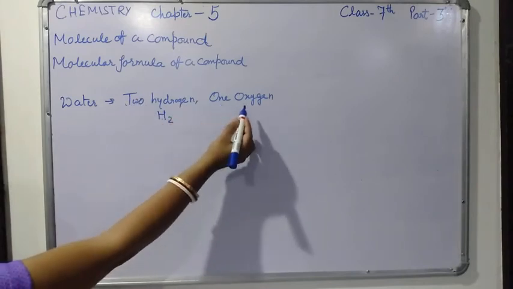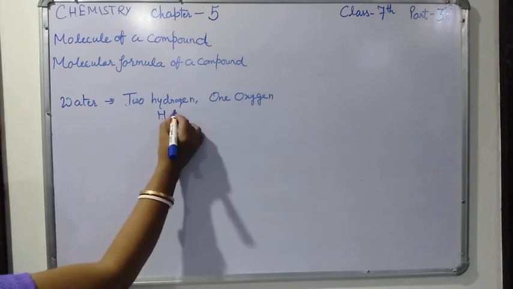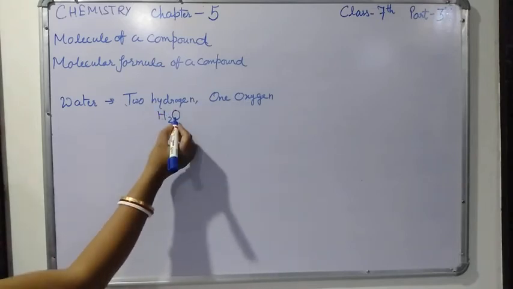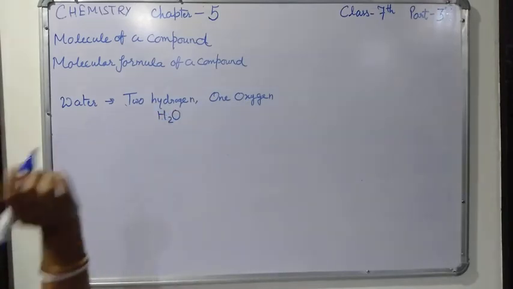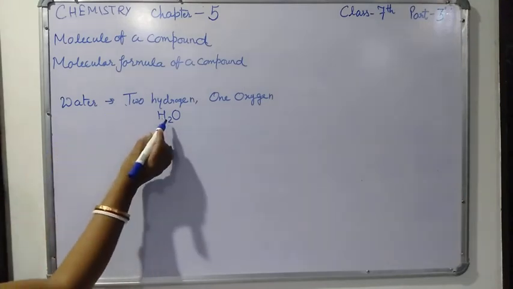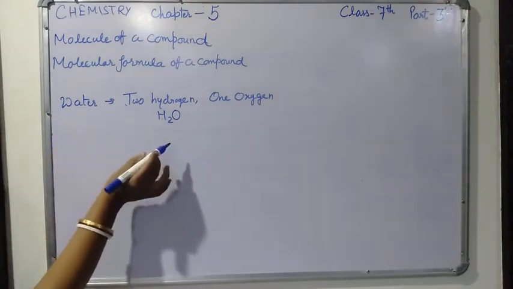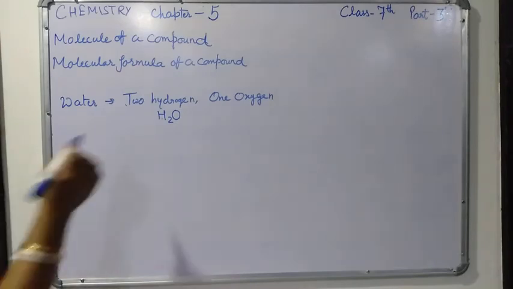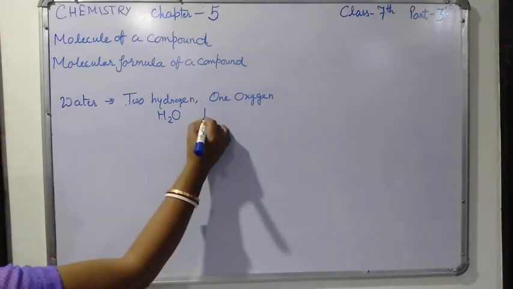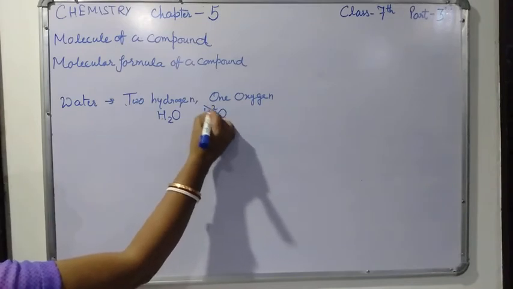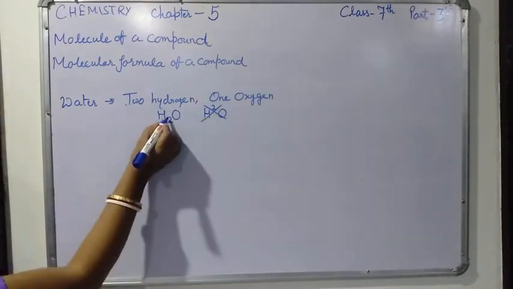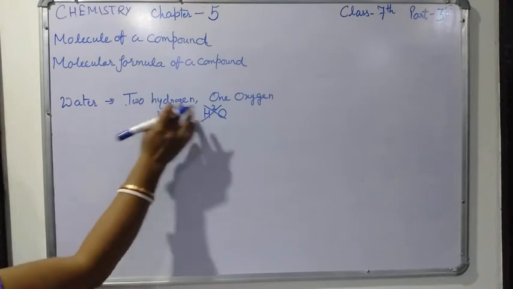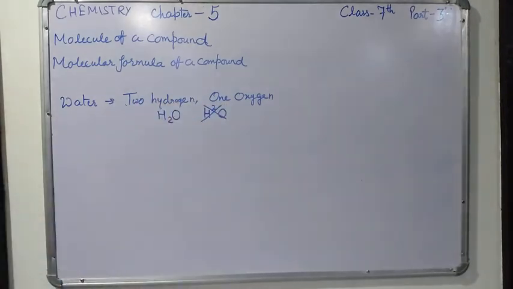Only one oxygen atom, oxygen symbol is O, so we write O. Always remember that the number of atoms must be written as a subscript, not as a superscript. If you write like this, it will be wrong. So likewise you can make the molecular formula.